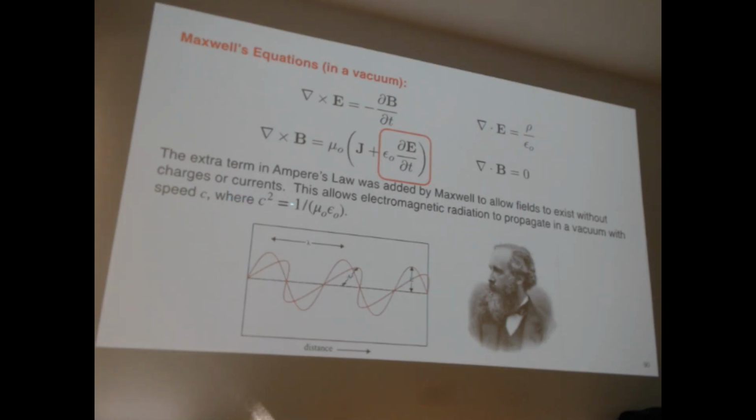And the speed of light is 1 over the square root of mu naught epsilon naught. So that's really what Maxwell did. And we're not going to have frequencies and conductivities that make this term significant. So from that point of view, we use Maxwell's equations, but not really.